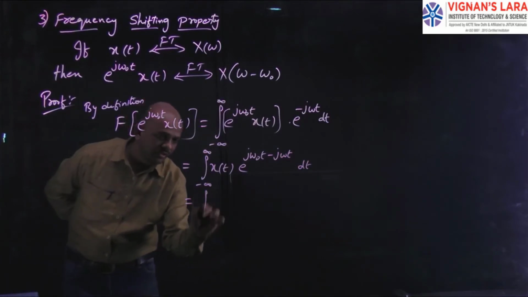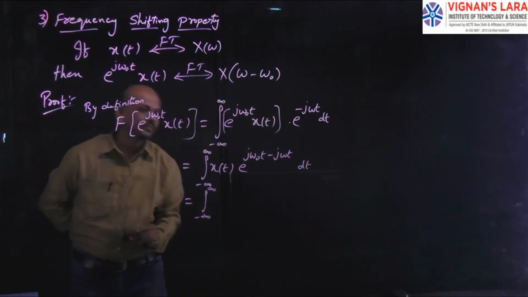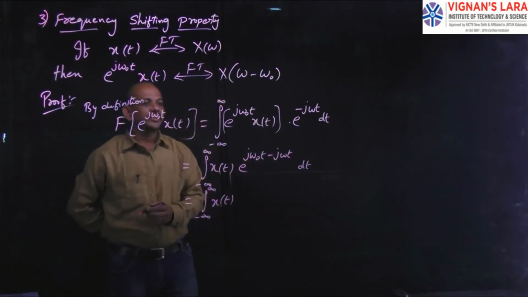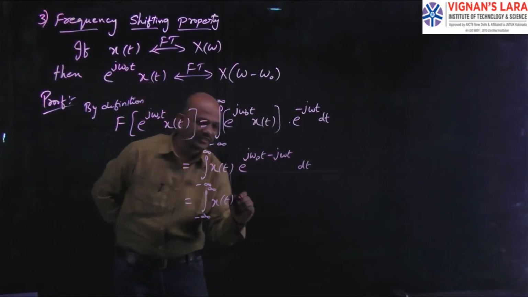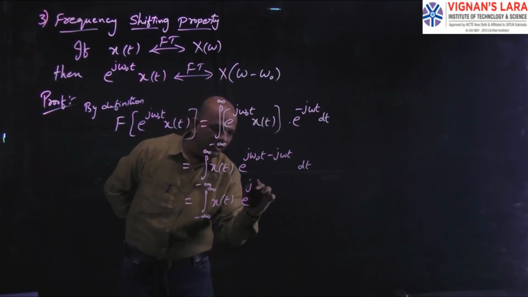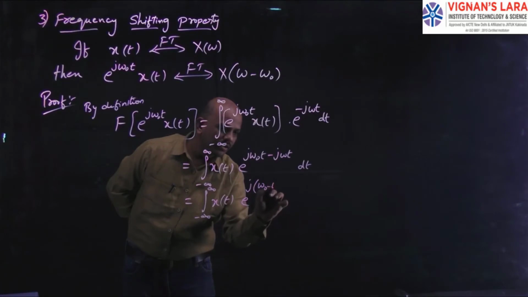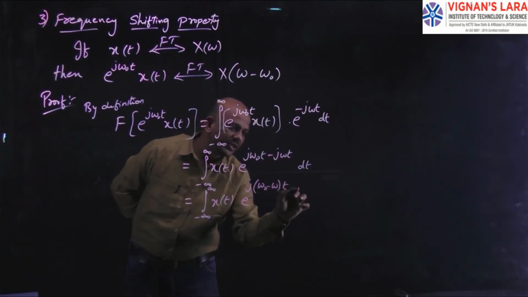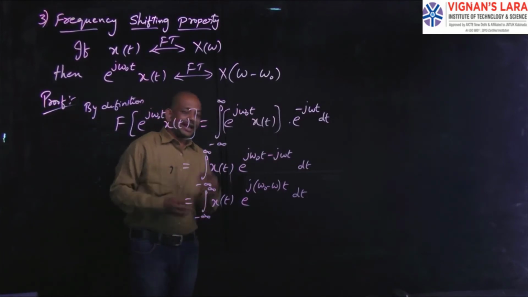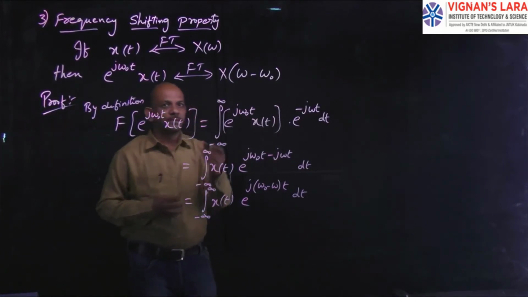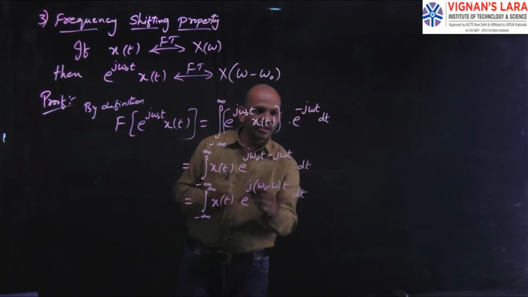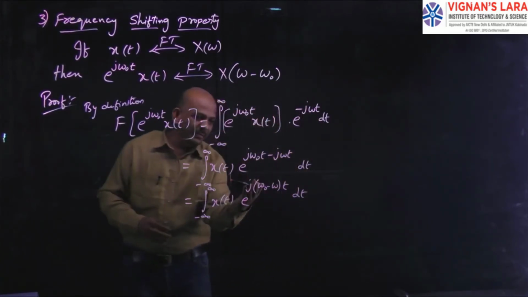That will be equal to integral minus infinity to infinity x of t, in which I can take j and t as common. That is e to the power of j omega naught minus omega into t dt. But the actual formula has e power minus j omega t, and here it is e power plus j. So to make it minus, I will take minus as common.